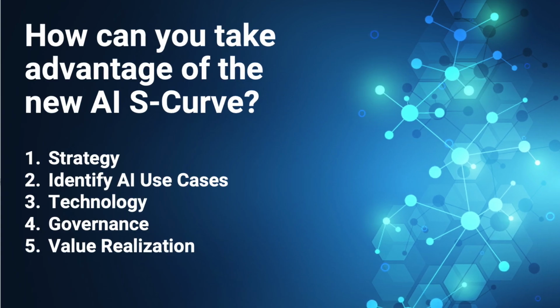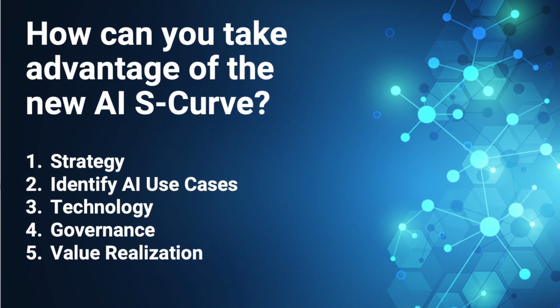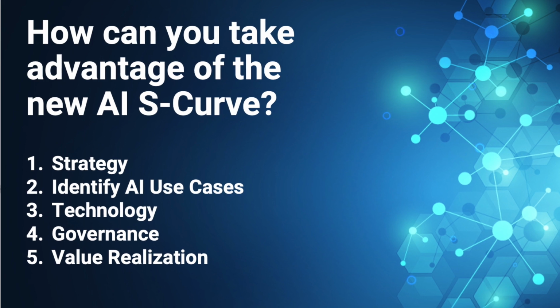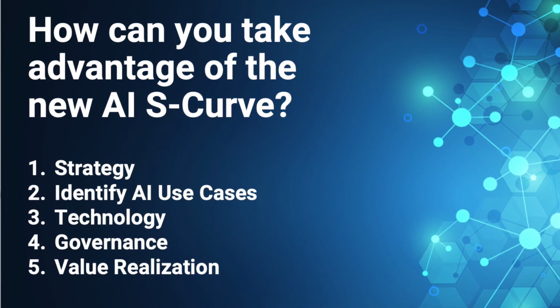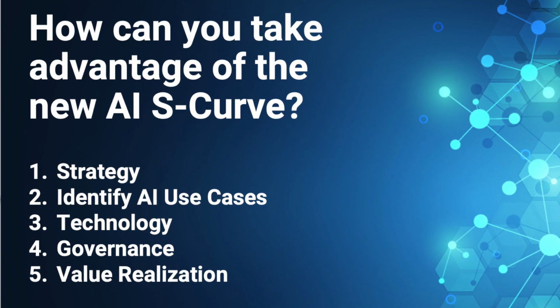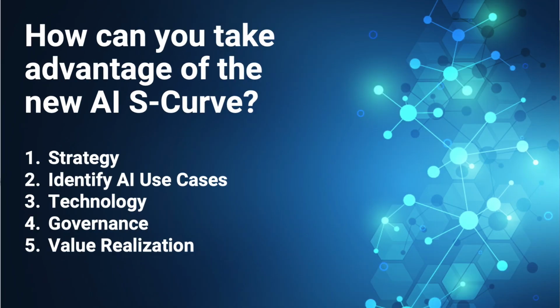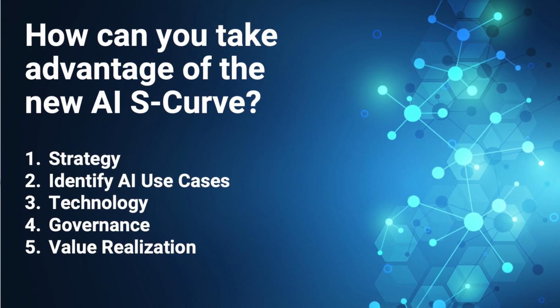So how do you take advantage of this new S curve? It really comes down to figuring out what your strategy around AI is. How do you identify the use cases that will create value? How do you deploy technology in alignment with those use cases to create that value?